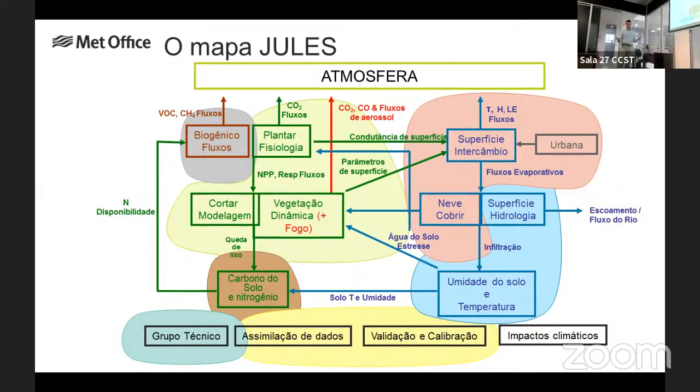You've got your technical group, your data assimilation, and then you're looking at your validation of it, and quite importantly for CSSP Brazil is your impacts. So there's been a lot of work looking at, say, the impact of fire on Cerrado, or the impact on precipitation elsewhere. So I'm not in the work package, so I don't actually know.